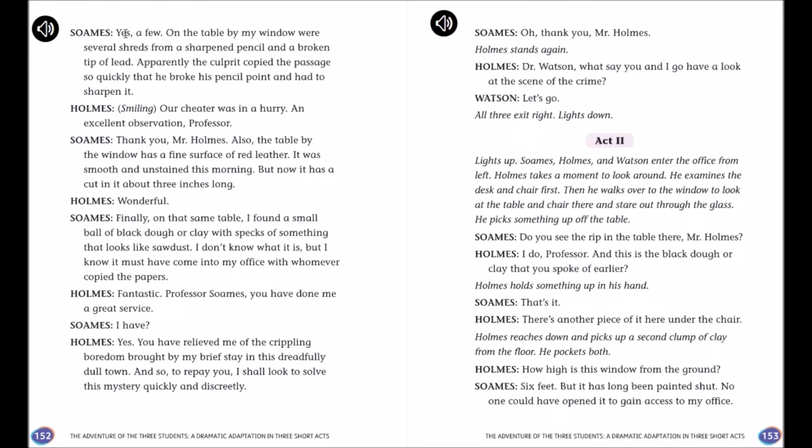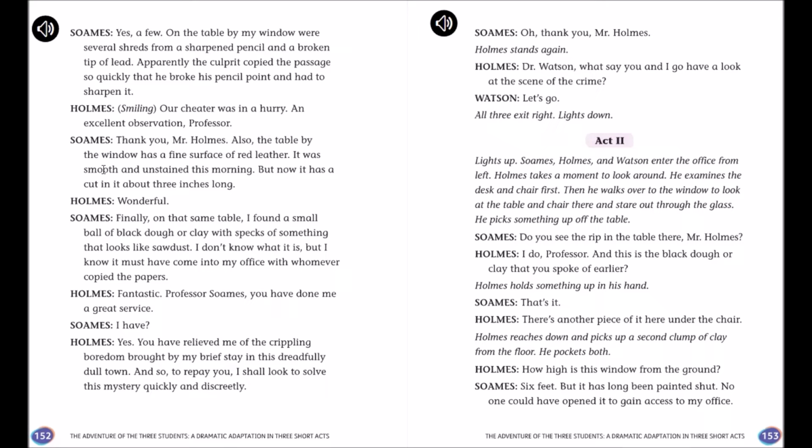Soames. Yes, a few. On the table by my window were several shreds of a sharpened pencil and a broken tip of lead. Apparently the culprit copied the passage so quickly that he broke his pencil point and had to sharpen it. Holmes, smiling. Our cheater was in a hurry. An excellent observation, Professor. Soames. Thank you, Mr. Holmes. Also, the table by the window has a fine surface of red leather.